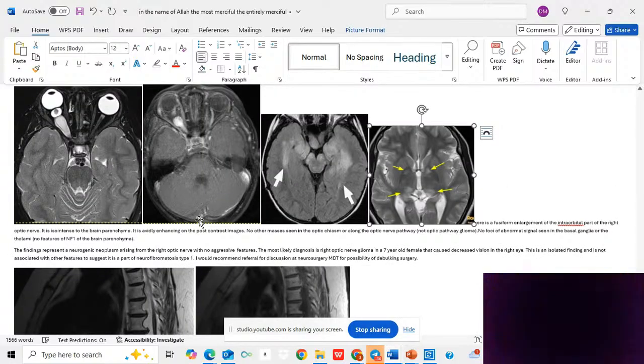Here are the MRI images of the same patient. Okay. There is a fusiform enlargement of the intraorbital part of the right optic nerve, and it is iso-intense to the brain parenchyma.